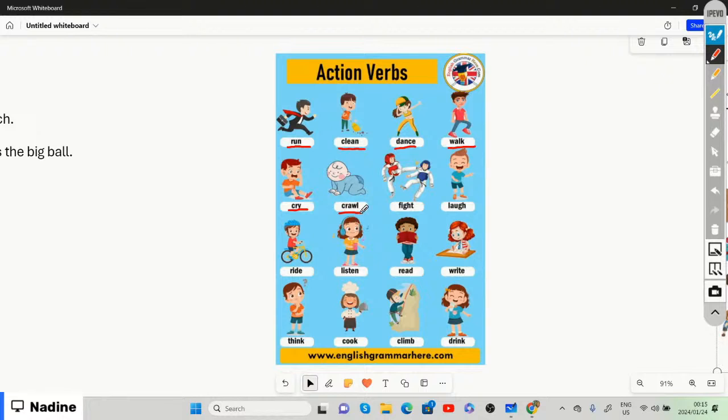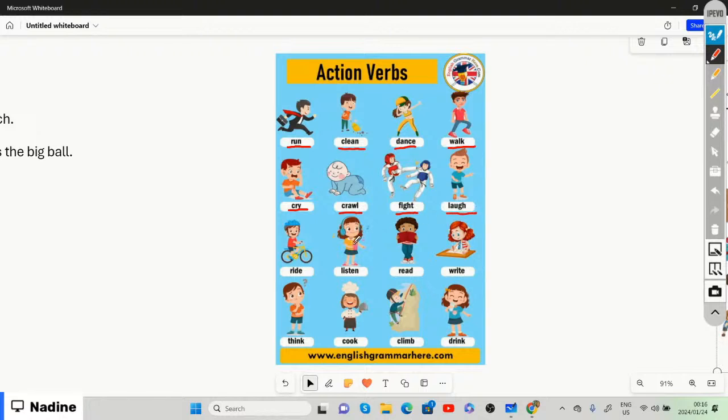To crawl, like babies before they start walking, they first crawl. So that shows an action that babies are doing. And for some reason that can be very exciting when you see the baby start crawling. Fighting is also an action verb. It's basically telling us it's something that they are doing.